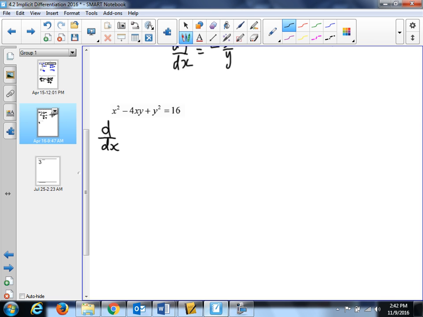So I'm going to put this in front of everything. d by dx of the x squared portion minus, and here's why, because this is going to involve the product rule, and people miss this all the time. I was going to put the 4 in front of the dy by dx, and that's the way I think of it, but I'm not going to show it that way, because most people don't when you're students. So I'll do it this way.